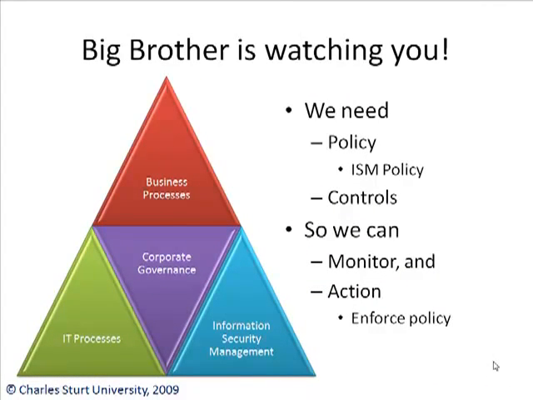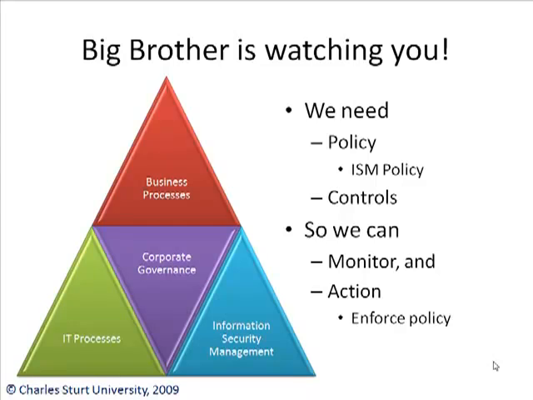I think the previous model was so important that I'm actually showing it again on this slide. The business processes, the IT processes, the process information security management and corporate governance, it all needs to tie in with each other. So we also need what? We need a bit of a policy. We need proper controls in place. We want something like a big brother that's watching everyone in the business.